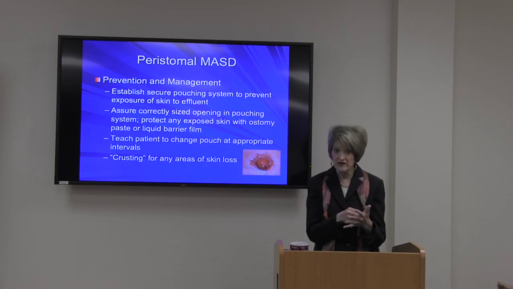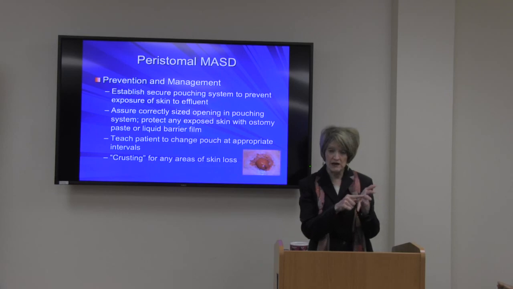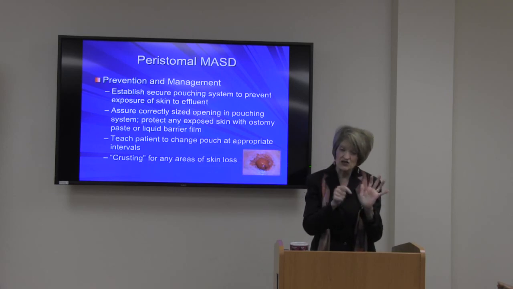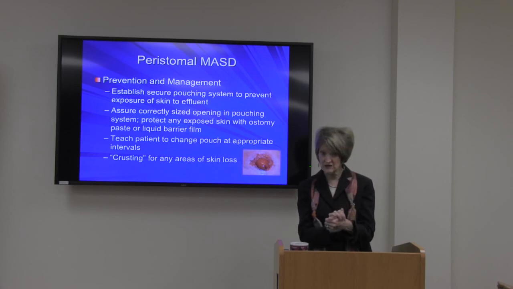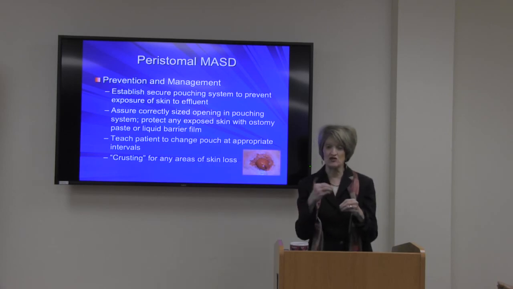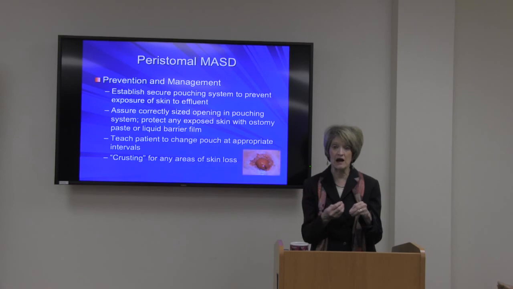Do I have a good fit? Is the opening sized correctly? Do I have drainage tunneling under my pouching system? So I've got to look to see that the patient's in the right pouching system, that I've got a good fit, that the drainage goes into the pouch and not under the pouching system.